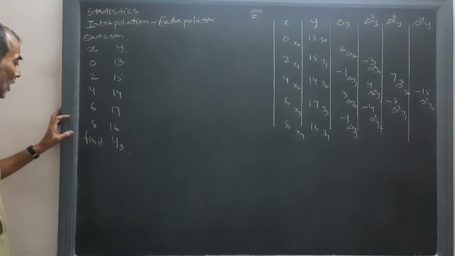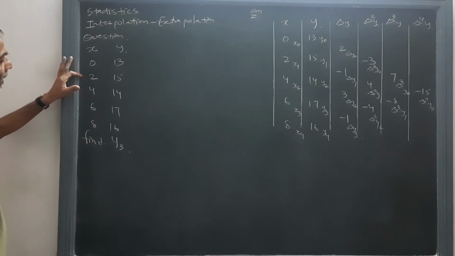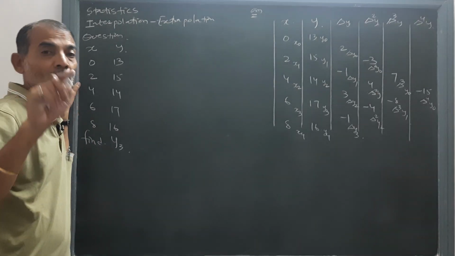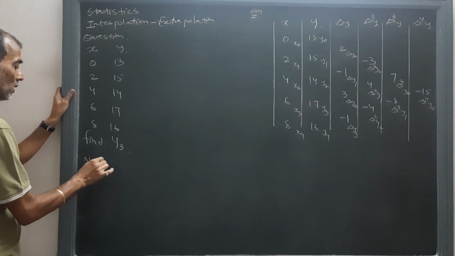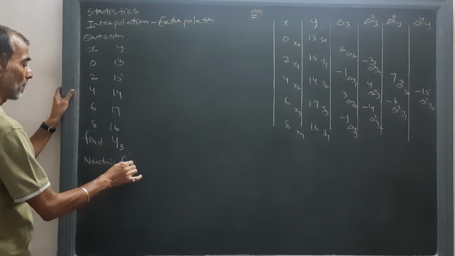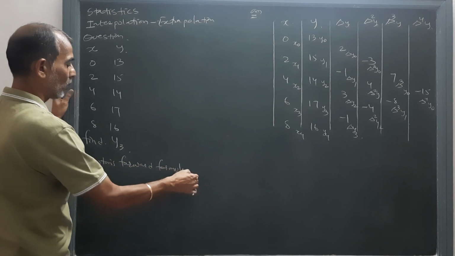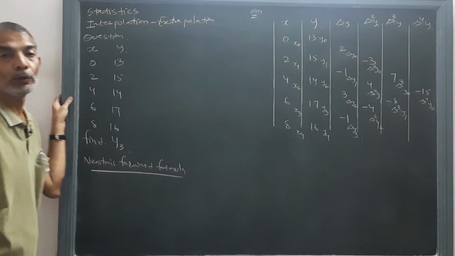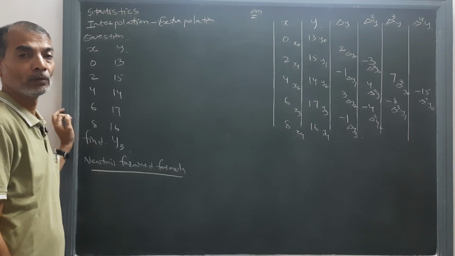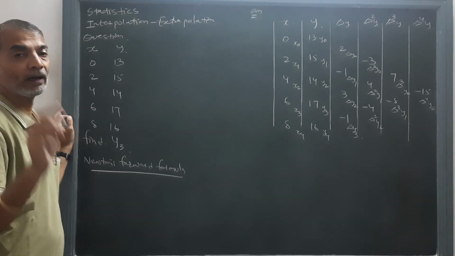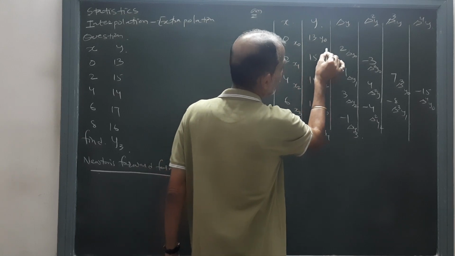As we are asked to find y3, it is above the middle, so this formula is called Newton's forward formula. Now, as I showed, first of all we have to find the differences, and the differences of the first level will be used.